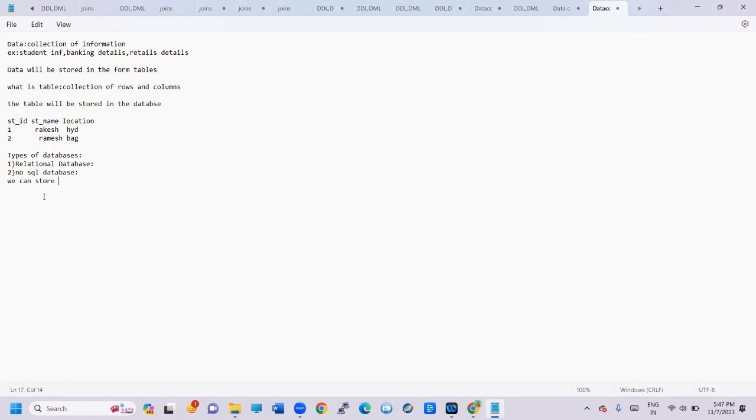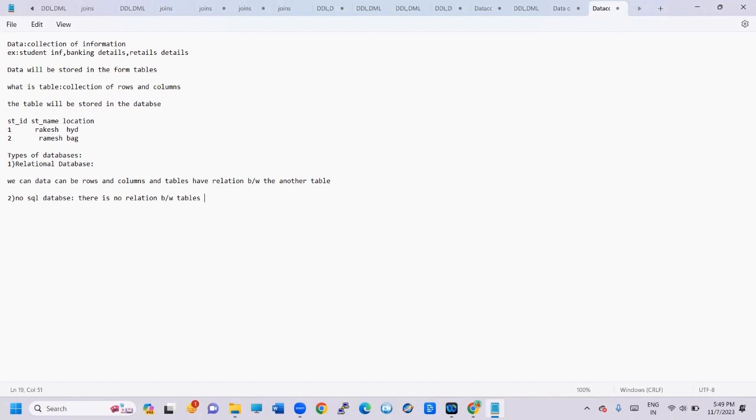In a NoSQL, or non-relational database, there is no relation between tables.